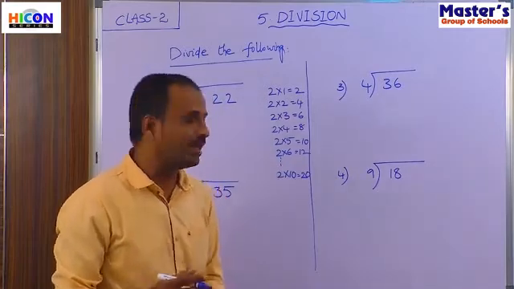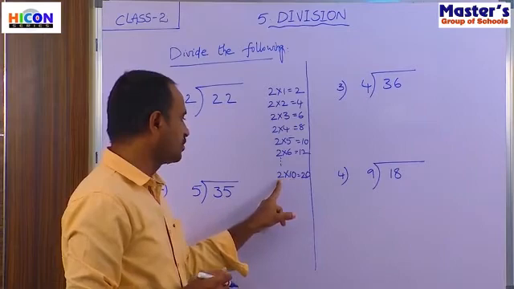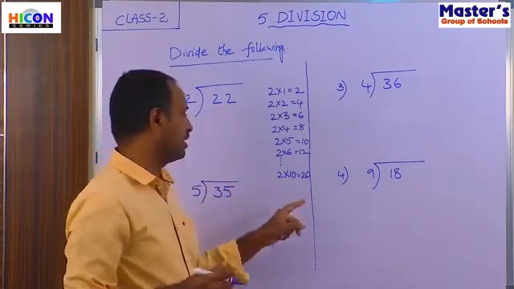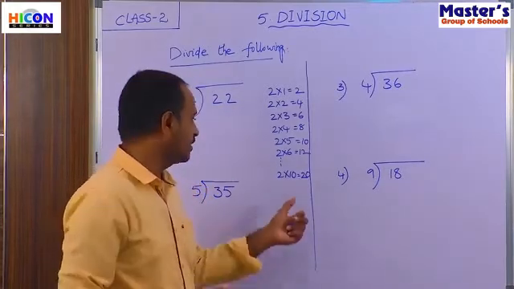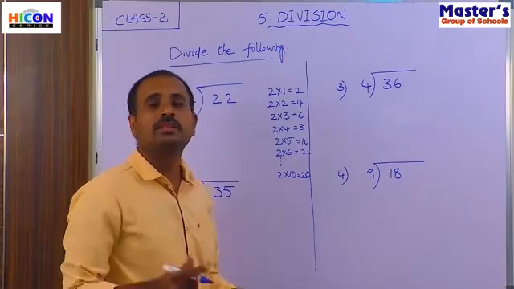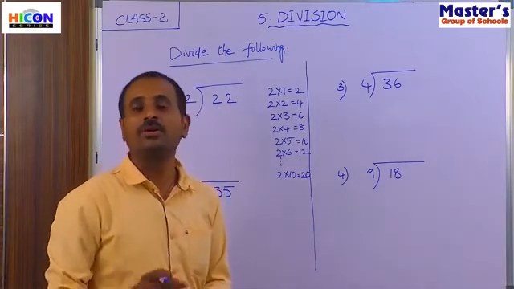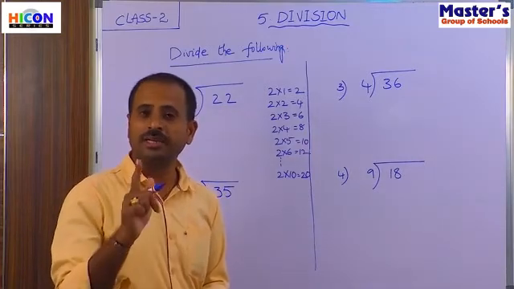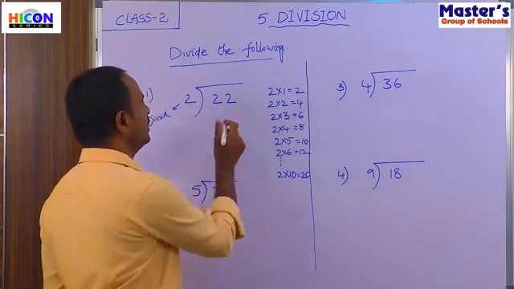So whenever the number is more than 10 times 2, which is 20, and they have given a larger number than 20, then we have to take digit-wise. We have to take each digit in the number. First take the first digit. What is the first digit here? 2.